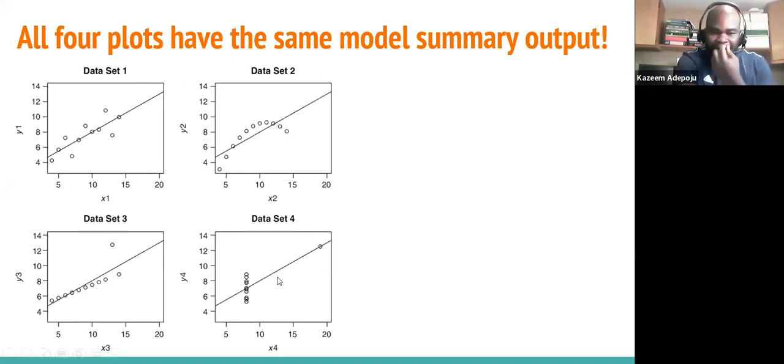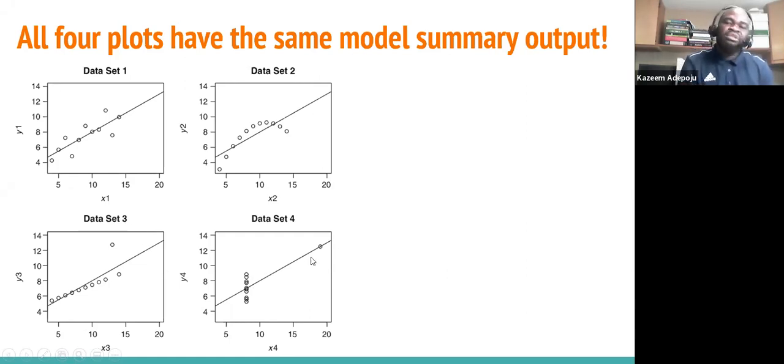Now take a look at this. This particular value here falls on the straight line with the rest of the data. The fact that it falls on the straight line with the rest of the data does not make it an outlier, but this can be a leverage point.